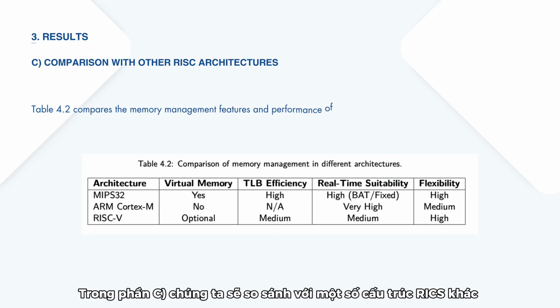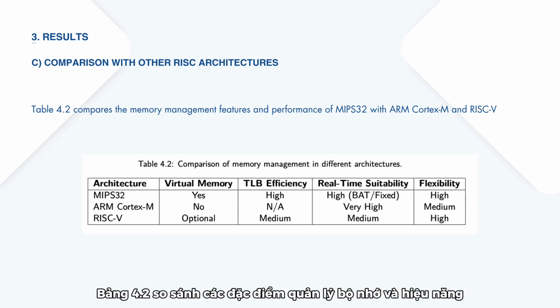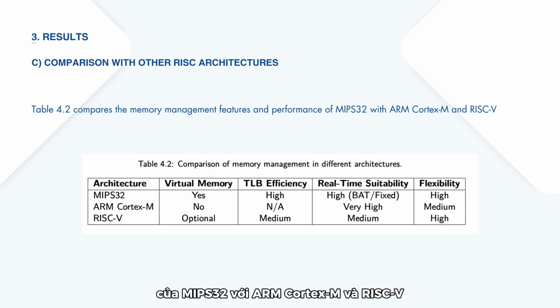So next, in part C, we study the comparison with other RISC architectures. We have Table 4.2, which compares the memory management features and performance of MIPS32, ARM Cortex-M, and RISC-V.